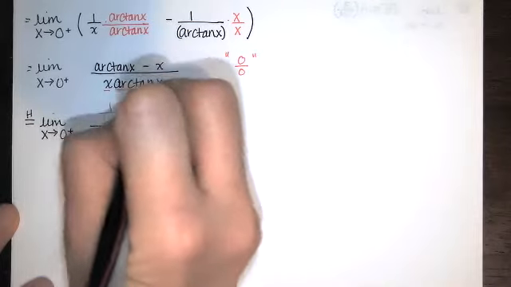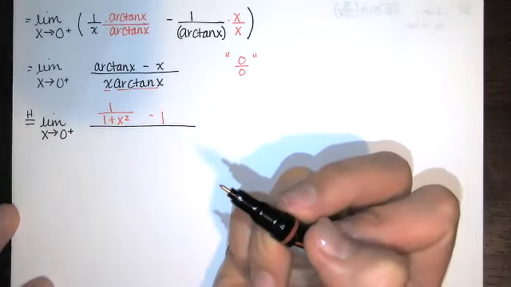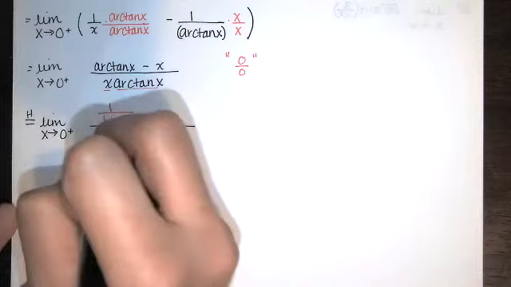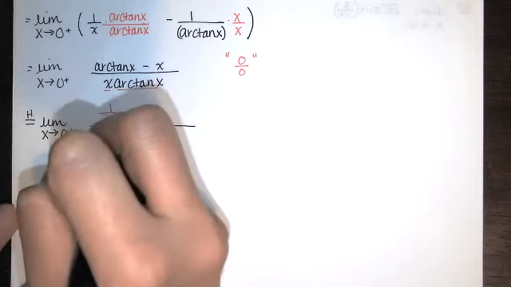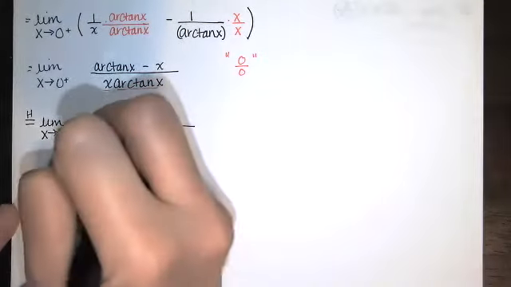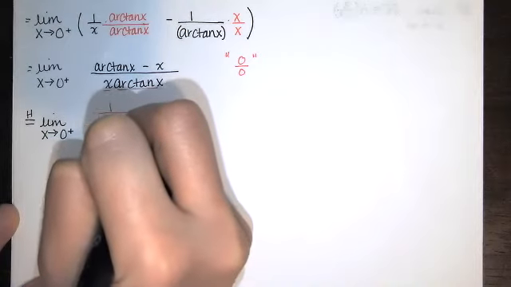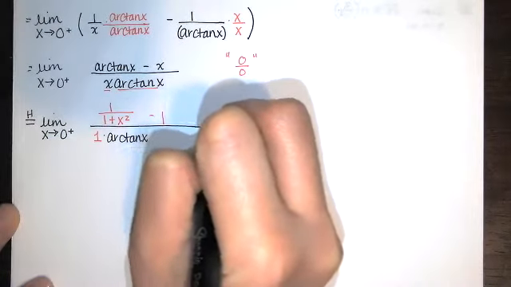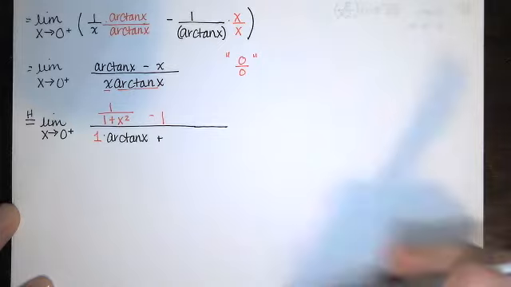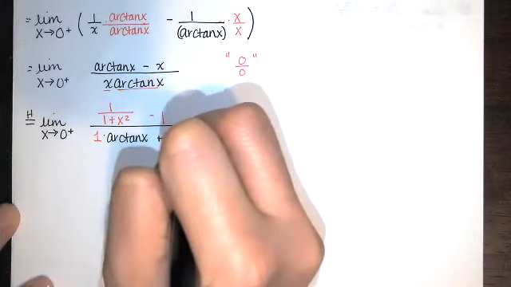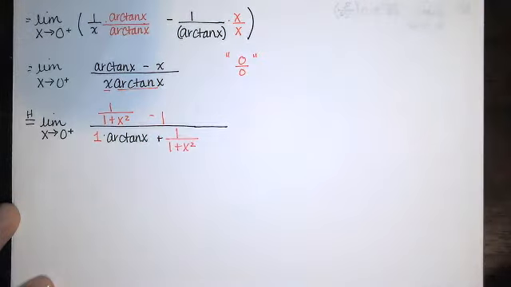Then over here, I've got a product, so I want to use the product rule. Derivative of a product is the derivative of the first times the second plus derivative of the second times the first.